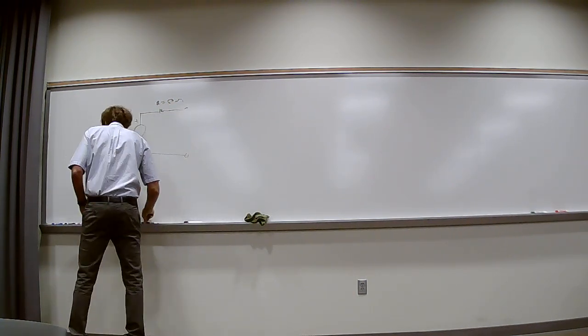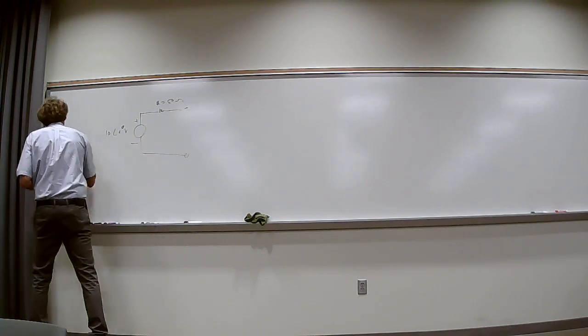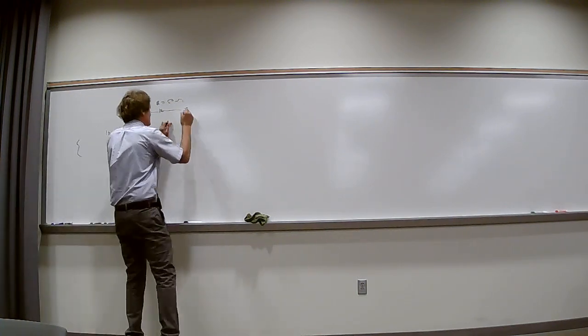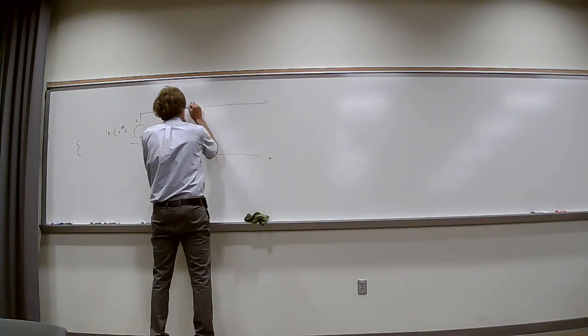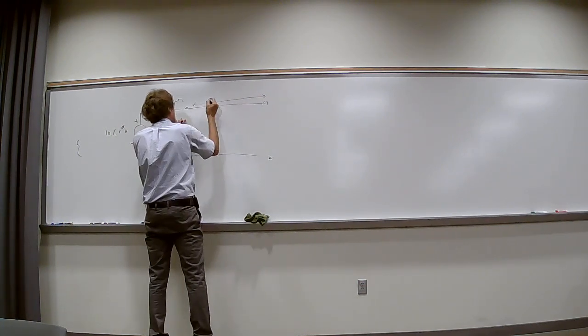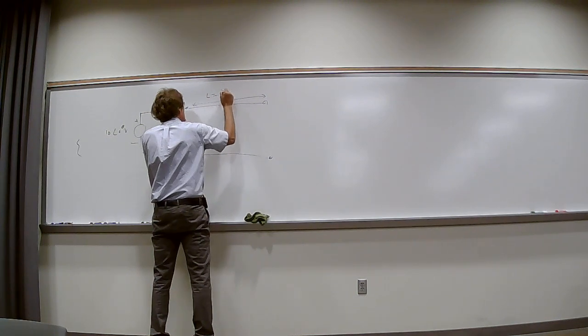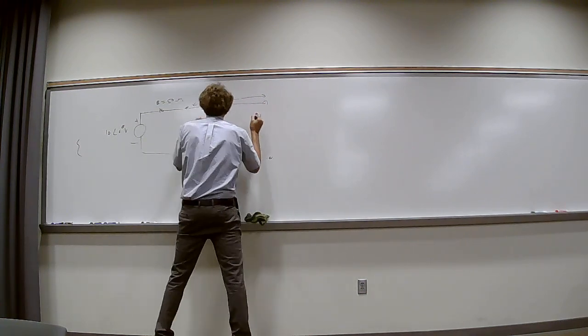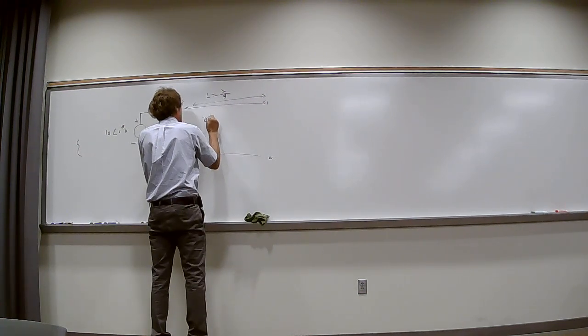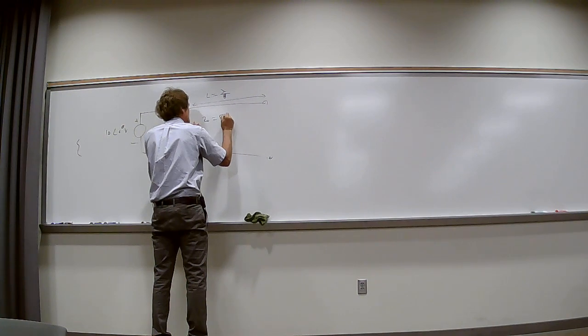And then I have a transmission line. And let's say the transmission line, if you have your calculators, get them out, L is equal to lambda over 8, and it has a characteristic impedance equal to 50 ohms.